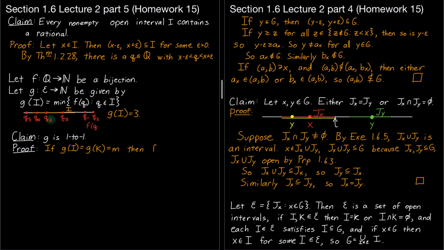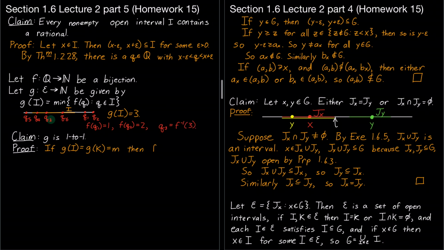We've got that f is a function from the rationals to the natural numbers. So f of q1 is 1, f of q2 is 2, and q3 rather is f inverse of 3.